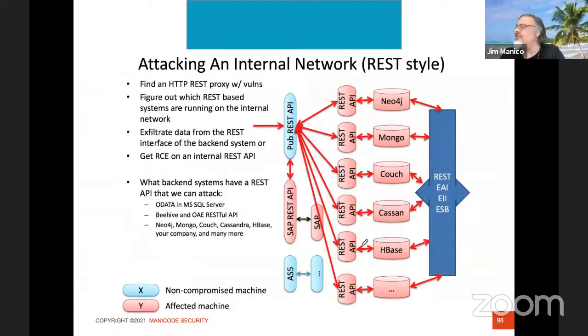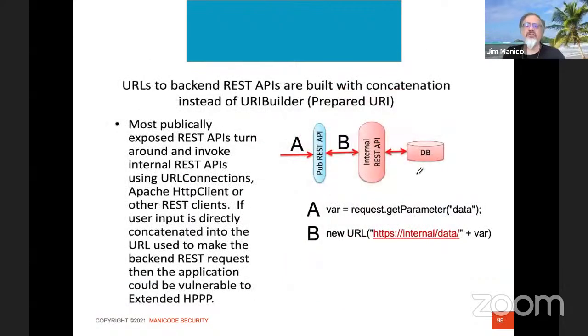Here's the actual attack. I'm not going to go through it, but this lets me attack an internal network with SSRF. Here's another way to do it. When I'm attacking an internal service, let's say I'm sending data at step A and adding it to a URL in step B. It looked like this: new URL, my internal site, data, and there's the parameter. It's easy to attack this.